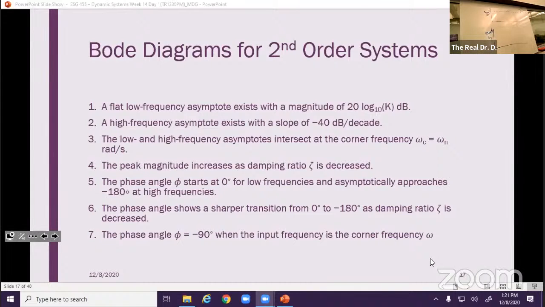Then we have a low frequency and a high frequency asymptote that intersect at the corner frequency, which in this case is omega n. So if you know the natural frequency for a second order system, you already know the corner frequency.